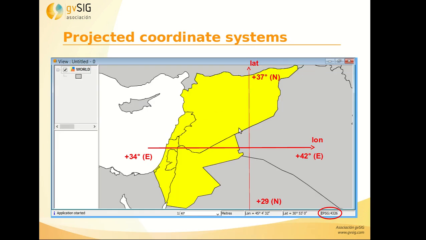Here we can see a local area, these countries: this area is longitude east from 34 to 42, and latitude north from 29 to 37.